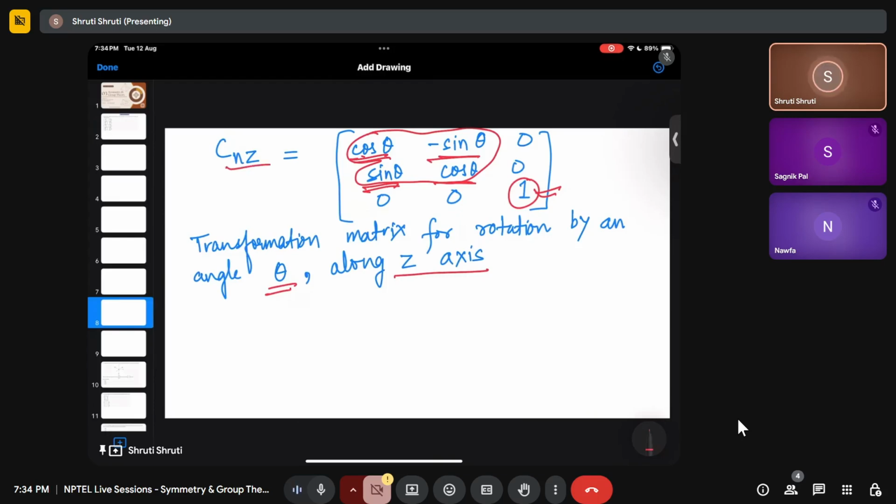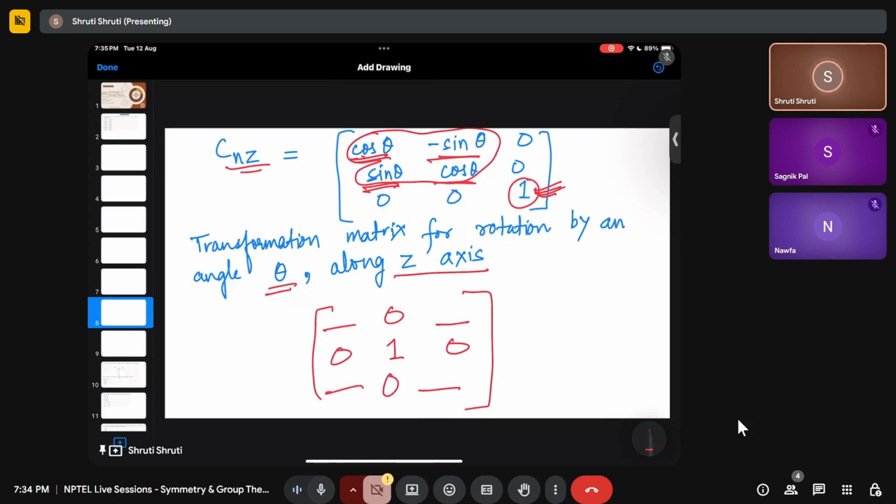So what happened when z-axis was our rotation axis? This place was fixed, constant. So if we are doing it for the y-axis, what will happen here? It will have some element, here it will be 1 and here it will have some element. So this is fixed, this is fixed. These two places will have some elements, these four places.